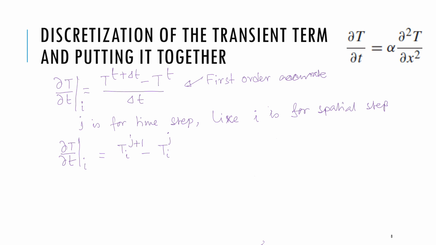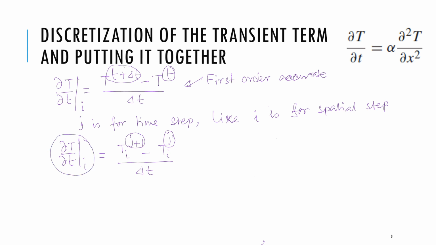So j+1 is at t plus Δt, meaning Δt time away, and then j stands for t. That's what they stand for, divided by Δt, of course. So now we have a difference form for the time derivative.